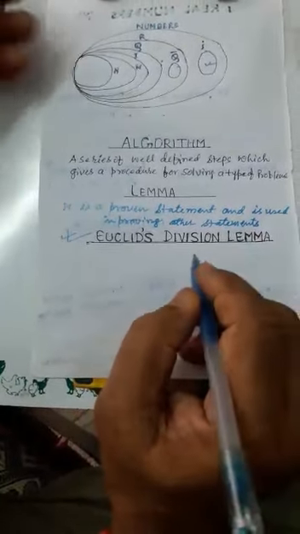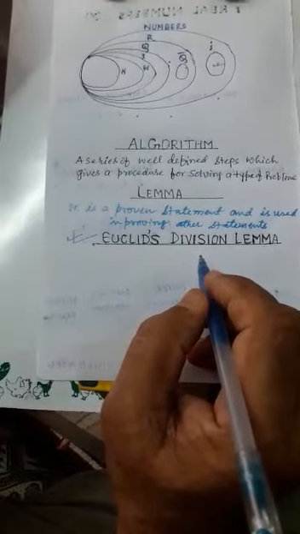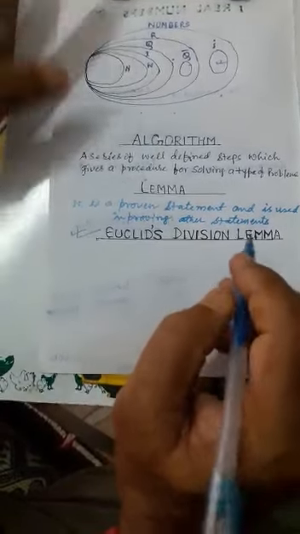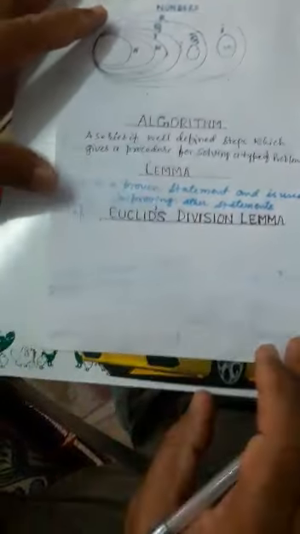We are familiar with the formula dividend equals divisor into quotient plus remainder, and here we will discuss that formula.